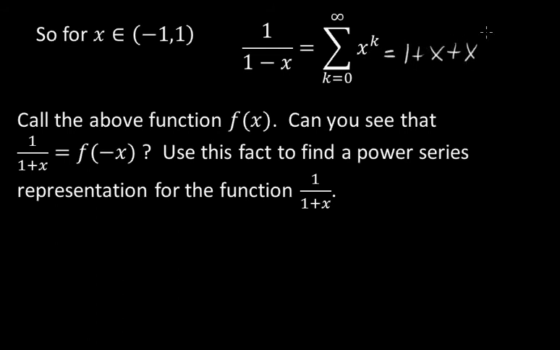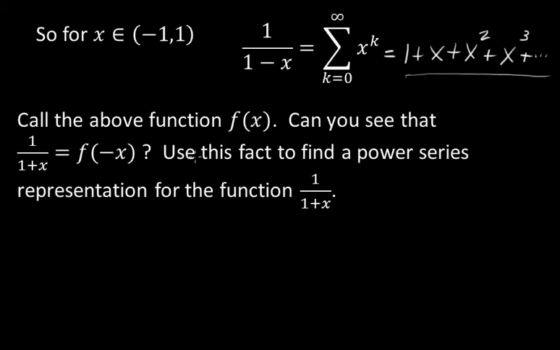So we have 1 plus x plus x squared plus x cubed plus dot dot dot. In the past, I've found that many students, when they're working with power series, they prefer to write out the series like this, and that is absolutely fine.